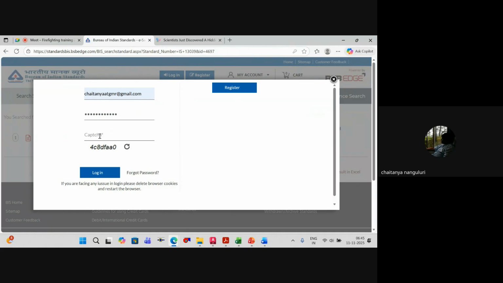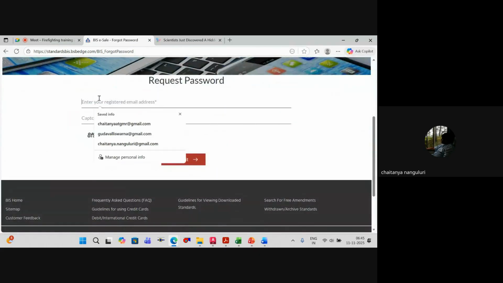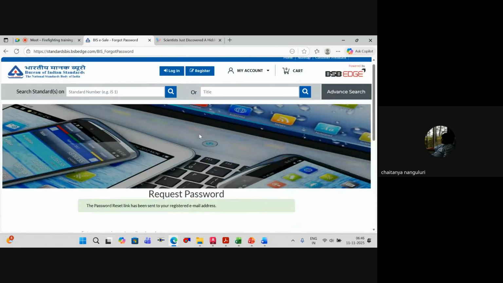I don't remember password. Let's see. C8DFAA0. Forgot password. 8F9BC. Once I don't rarely use it.